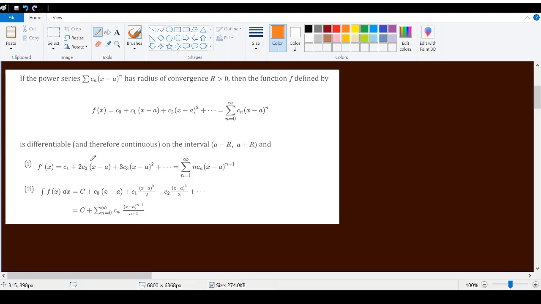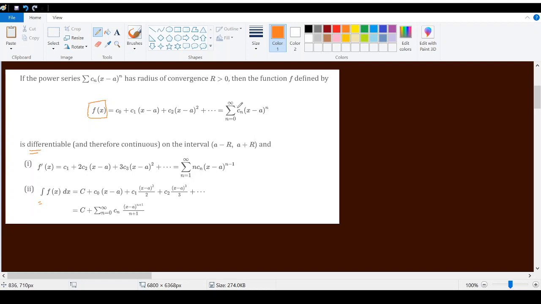And this new theorem says that this function is differentiable as well as integrable, right? So we can differentiate this function as well as integrate this function within the interval of convergence, and then accordingly the terms of the series will change.